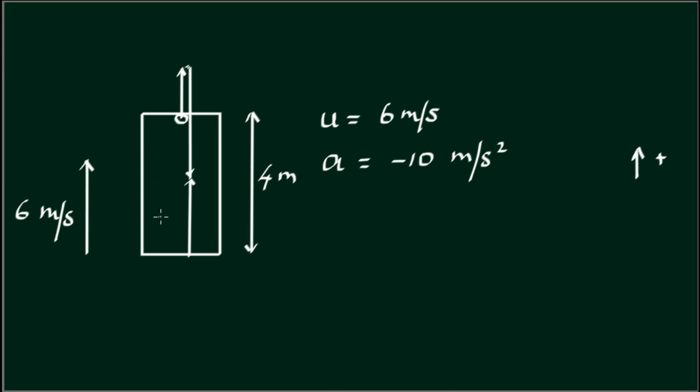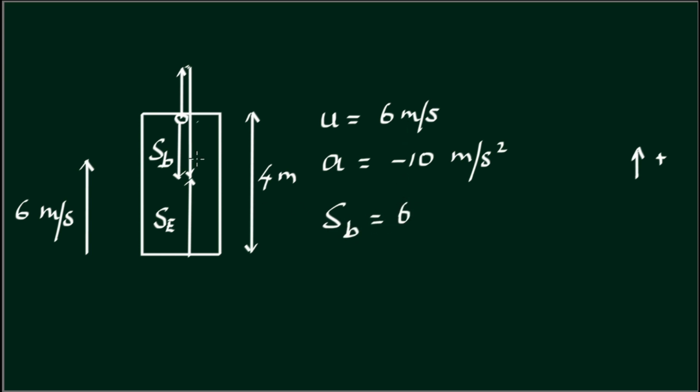Now, this upward arrow is the displacement of the elevator, and the displacement of the bulb is from the initial position of the bulb to where it meets the floor of the elevator. And so, that's the displacement of the bulb. Let's write down the equations for each of them. The displacement of the bulb, its initial velocity is 6.